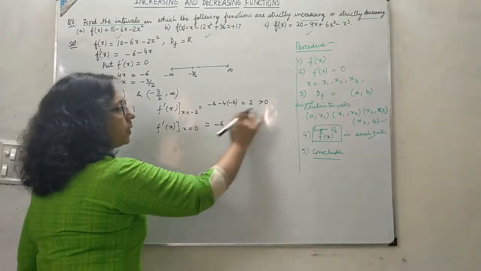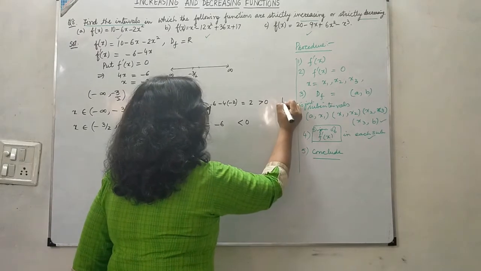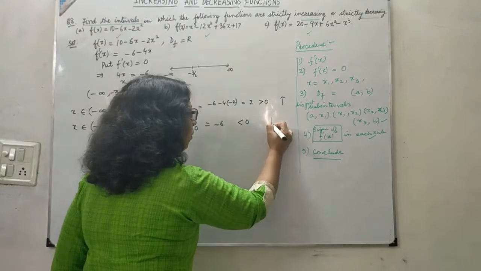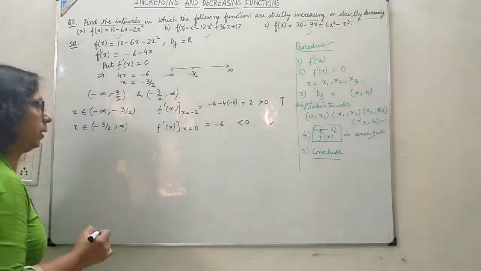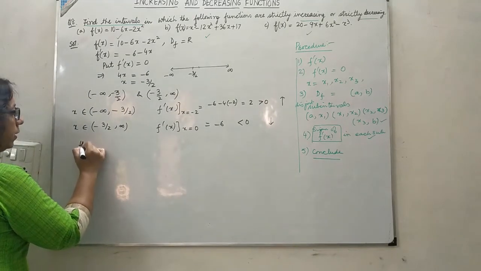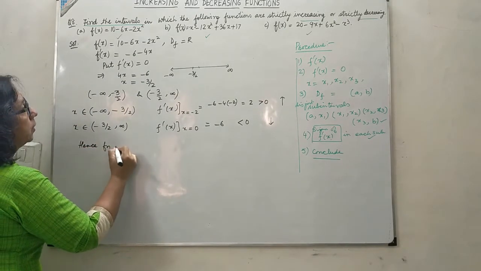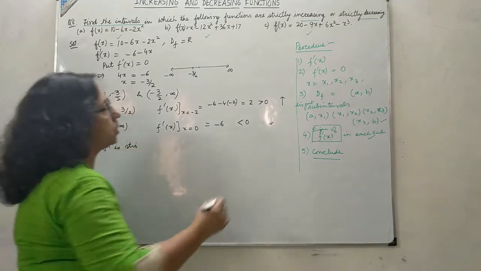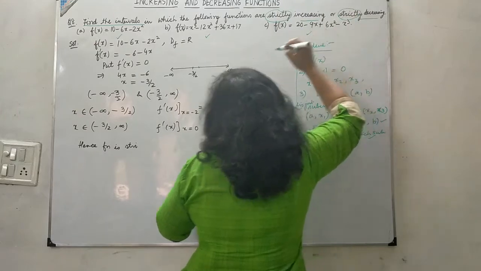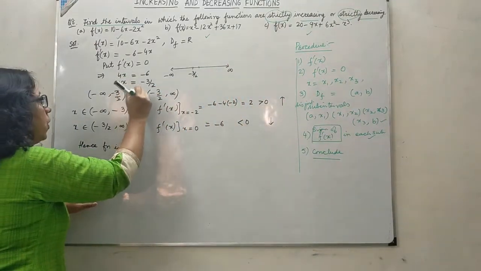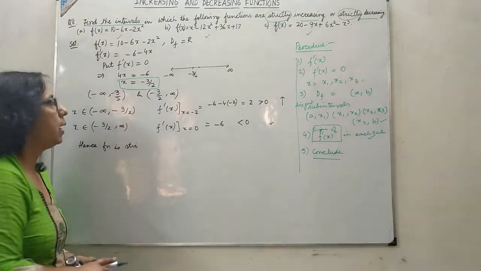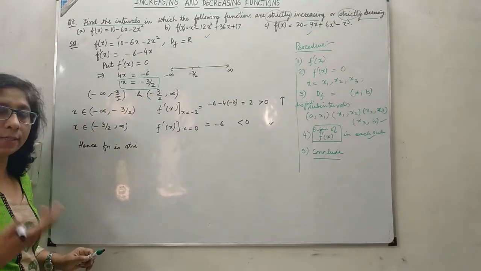Now when f dash x is greater than 0, we have studied that the function is increasing here. And when f dash x is less than 0, then the function is decreasing here. Then in the next step we will conclude. Hence the function is strictly increasing, because the question says strictly increasing. So this is the critical point, and we will take the open interval only, as at this point f dash x is 0.